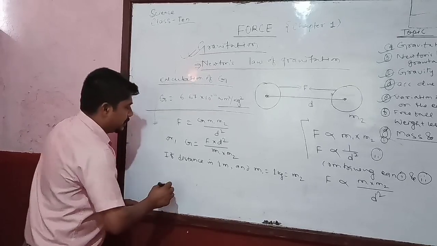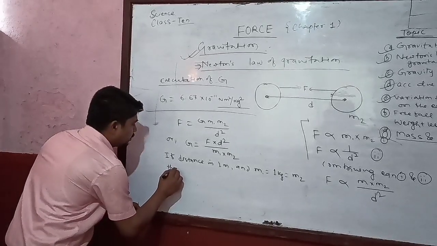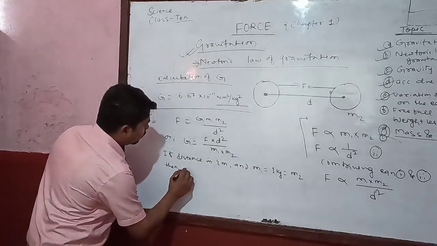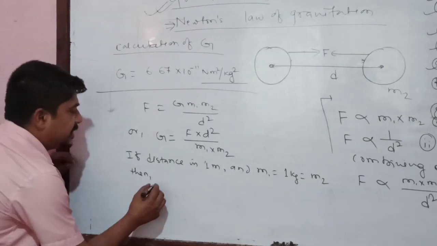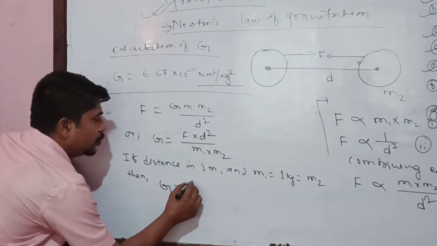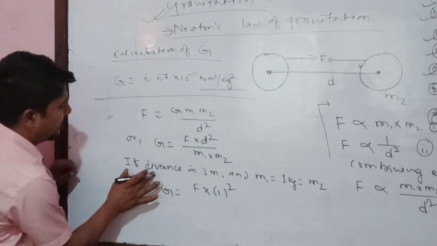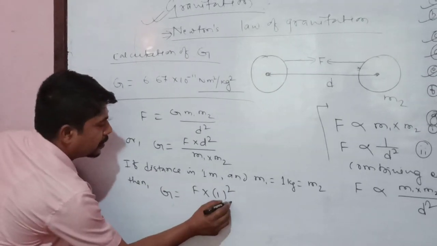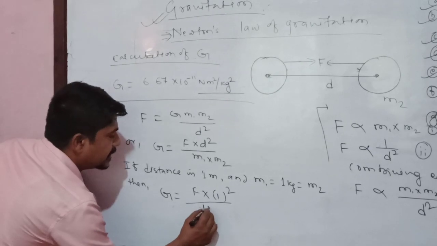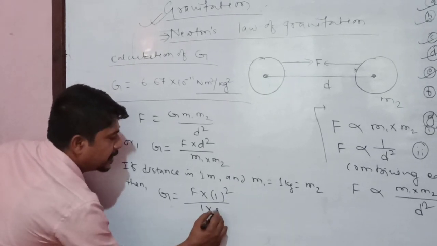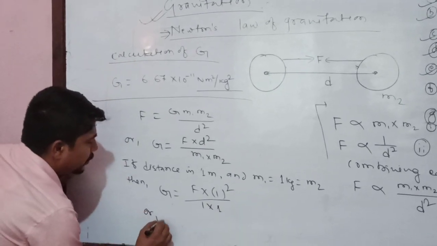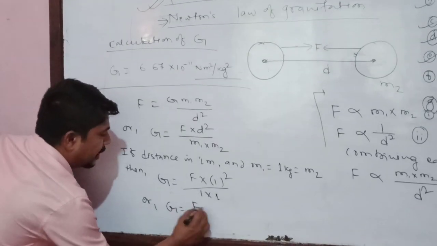Then we write it as G equals F into 1 square, since we have taken distance equal to 1 meter, and 1 for the mass of 1 kg, and another 1 for the other mass of 1 kg. So it will be G equals F.